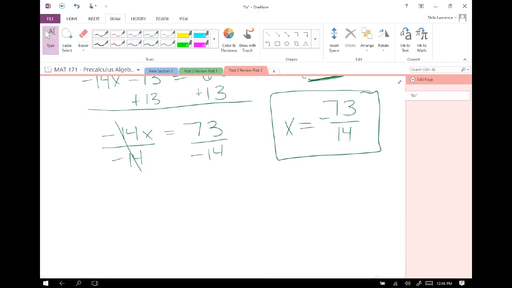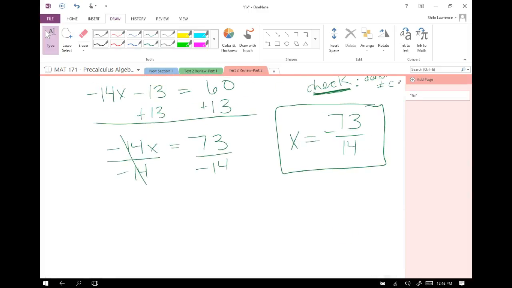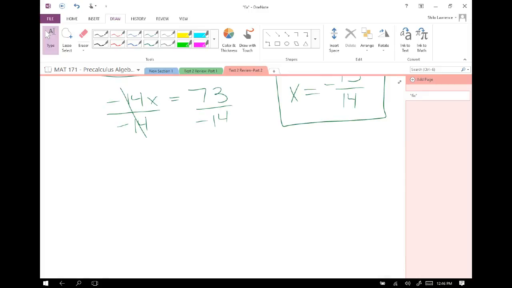So the other type of equation in section 4 are the radical equations. And we're going to do pretty much the same thing. We need to fix them. So with radical equations, the way that we fix them is we have to get rid of the radical symbol.